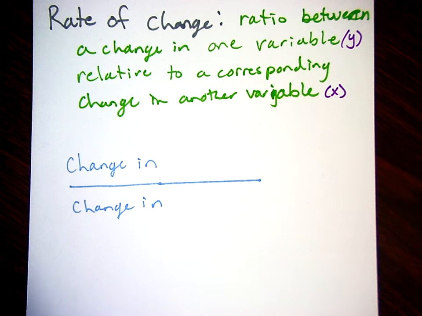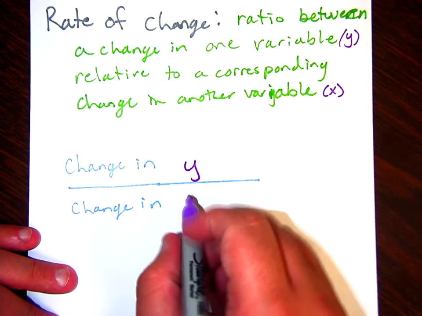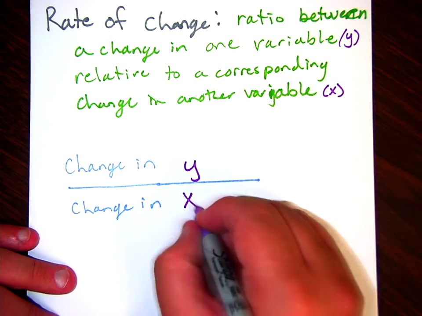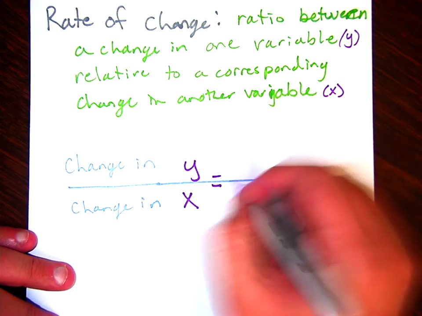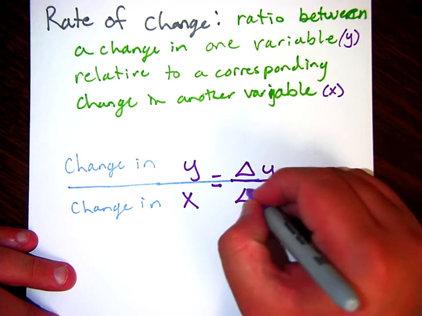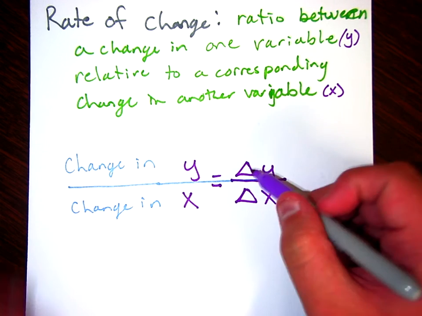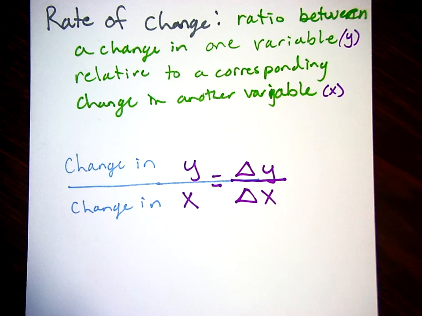You can drill it down to a simple form: change in y over change in x. Usually you'll see that as the equivalent expression delta y over delta x. This is just a Greek symbol, that little triangle, called a delta, and it just means change in.